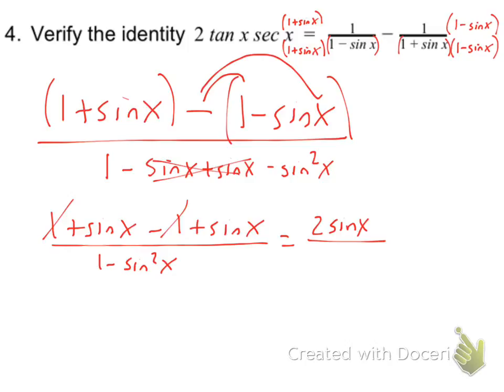What if I could change that? What can I change that to? Not tan. Cosine squared x. Why? Because the packet says so. Because sine squared plus cosine squared equals 1. I'm going to change colors. I'm going to write this on top so you guys can see it again.